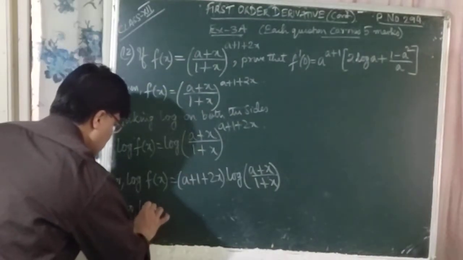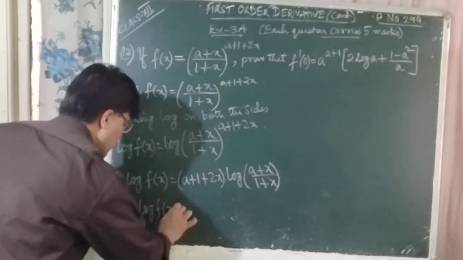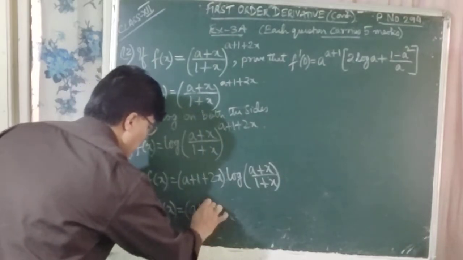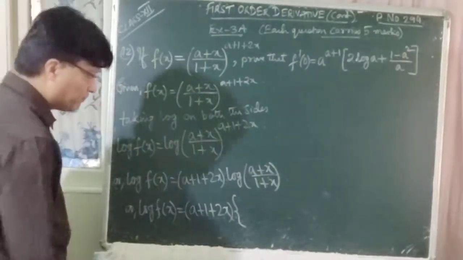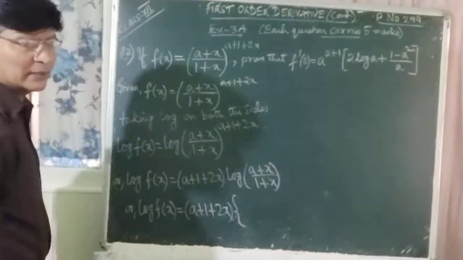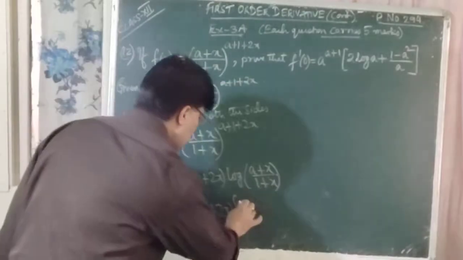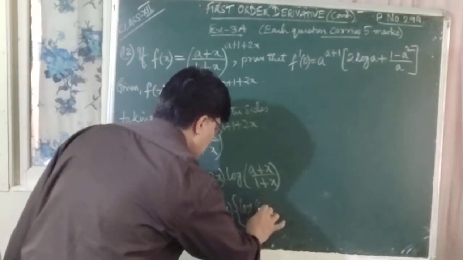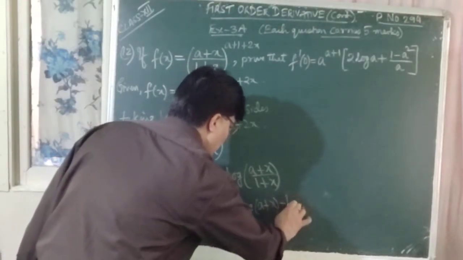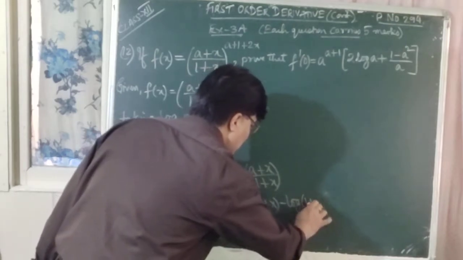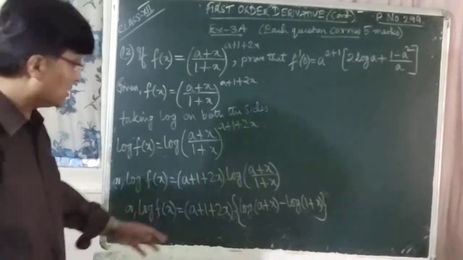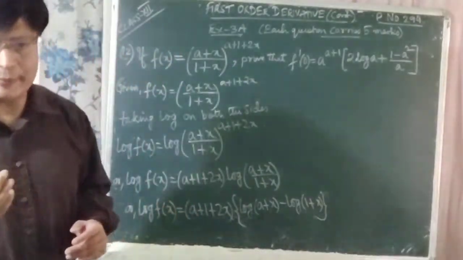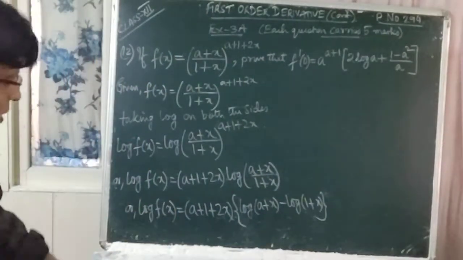So this is log f of x is equal to a plus 1 plus 2x, then within second bracket, this is your log of a by b, that is log a minus log b, isn't it? So it is log of a plus x minus log of 1 plus x, right? So this is the simplification of this log, that is log of a by b is equal to log a minus log b. Okay.